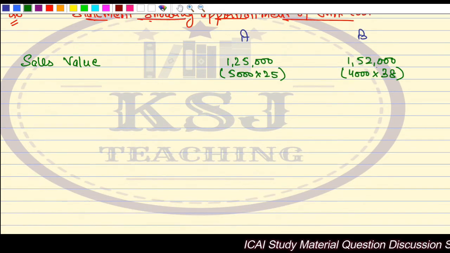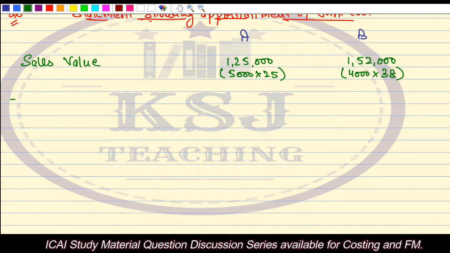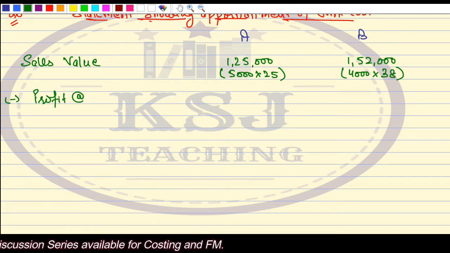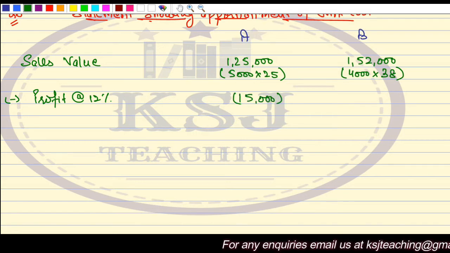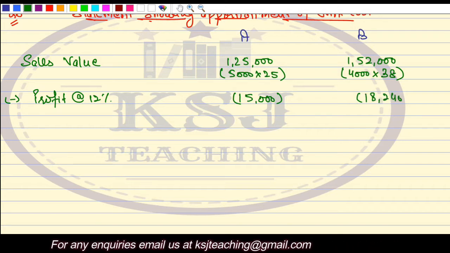Now, from the sales value, what is step number 2? Profit. We need to subtract the profit. So I will say minus profit at the rate 12%. Now the profit says it is 12% on the sales value. So 12% profit you will subtract. It comes out to be 15,000 and 18,240.